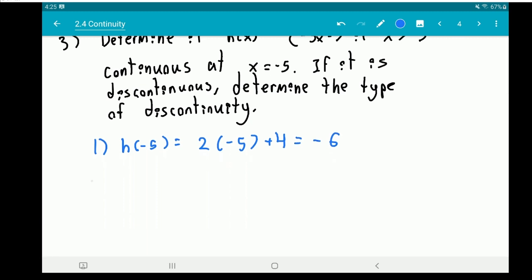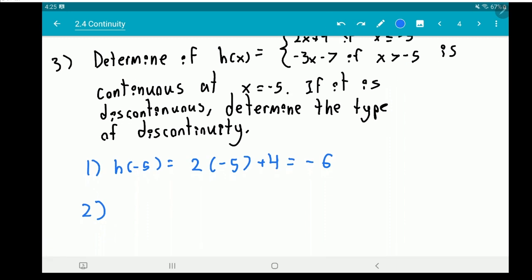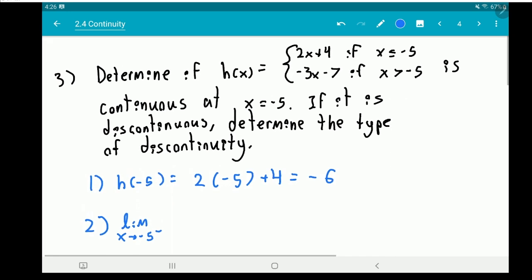So now we'll try 2. We try to plug in the limit, see what happens there. And now, since this is a piecewise defined function with less than or equal to and greater than at minus 5, that means we have to check the left limit and the right limit and see if those are the same number. So the limit as x goes to minus 5, first we try from the minus side.